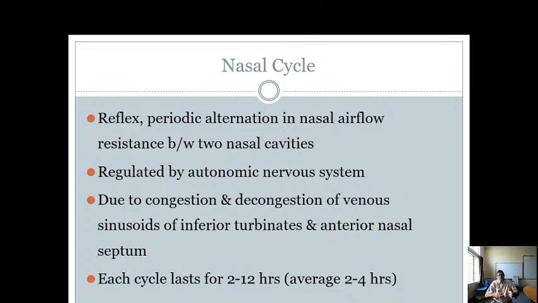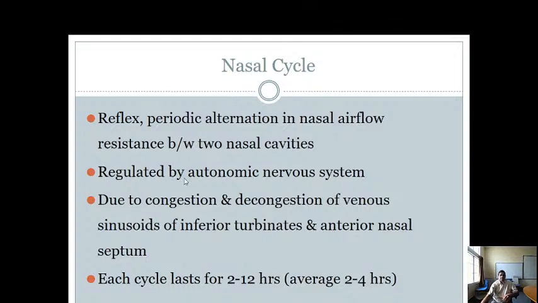After 2 to 12 hours, usually, the other nasal cavity opens up, and the previous one gets blocked. So it's a kind of shift system that is happening in the nasal cavities, and these are regulated by the autonomic nervous system.